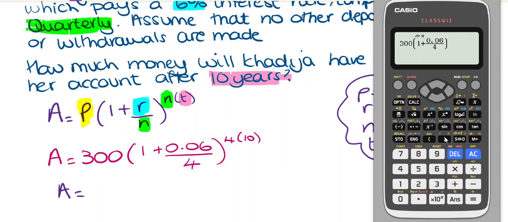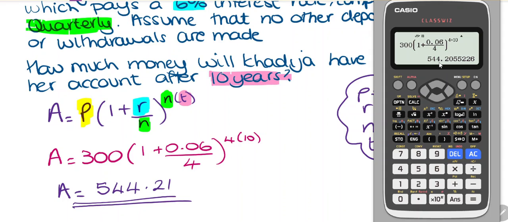Close our bracket, and then we're going to raise this to the power, and this is going to be 4 multiplied by 10, or we could put brackets. This is going to give us 544 point something. Now we need to round it because this is going to be in fils. So this is dirhams and fils. So our amount is going to be 544 dirhams and 21 fils. So there's our answer.